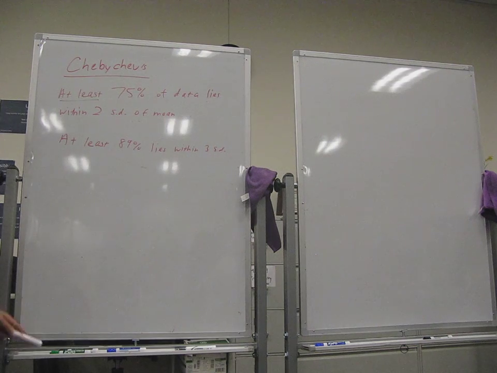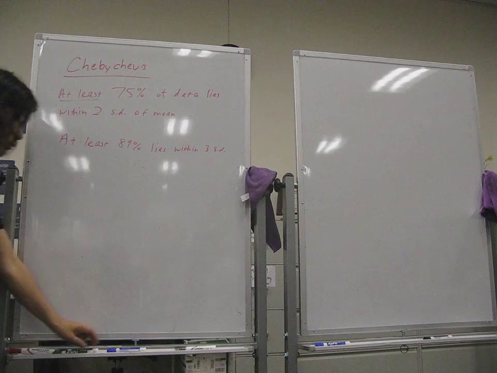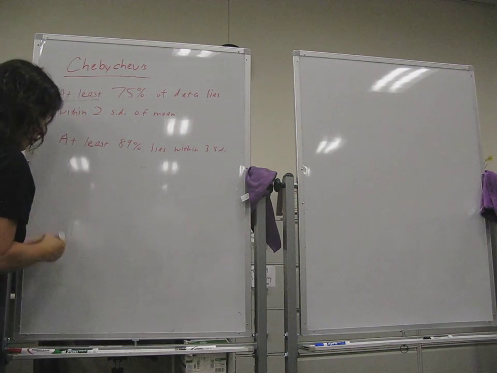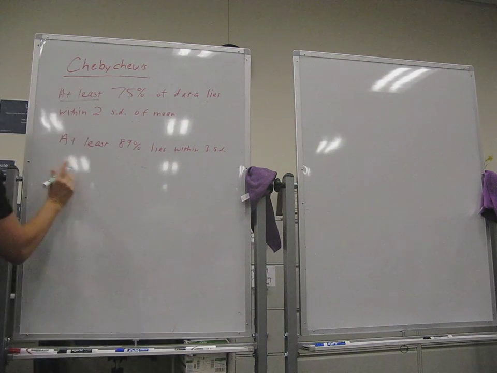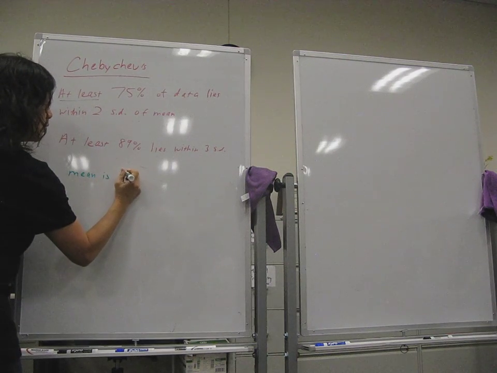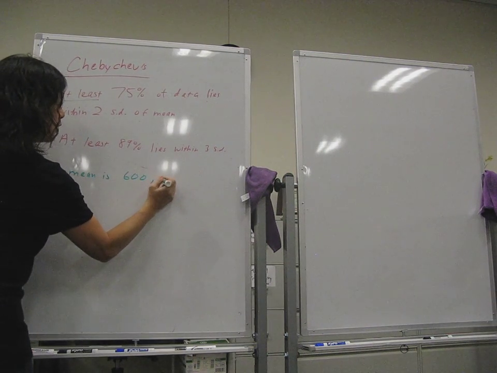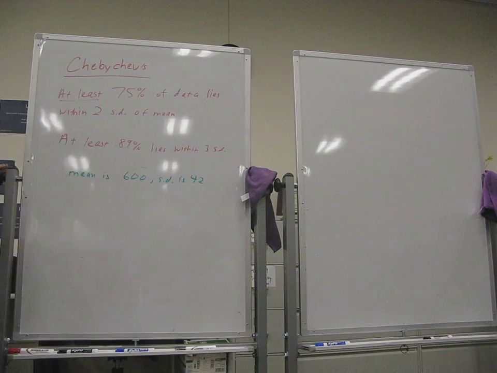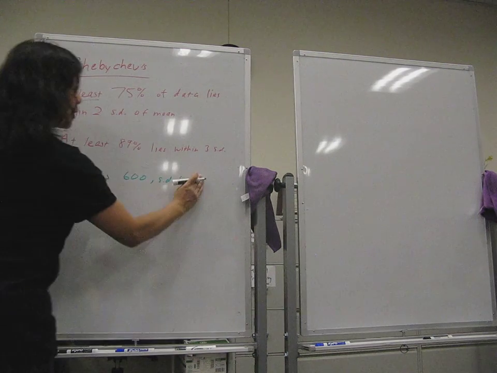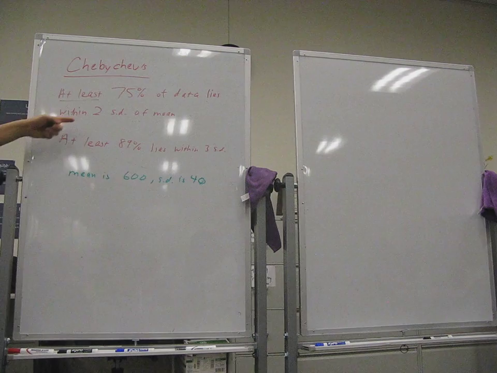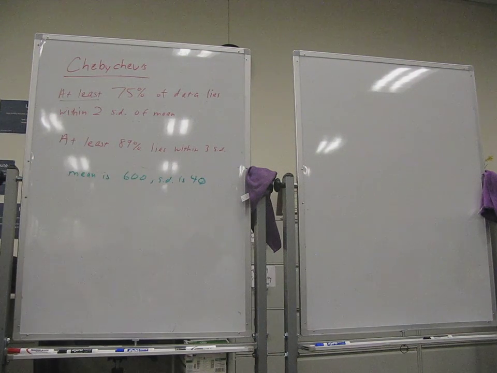So I might prompt you for that, and I might expect you to be able to find, if the mean is 600 and the standard deviation is 40, we'll keep it cleaner, then at least 75% lies within what, and at least 89% lies within what?